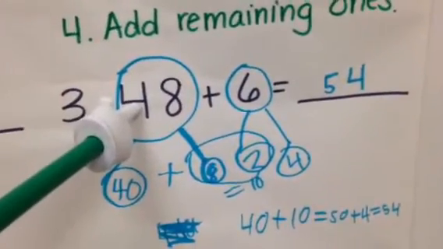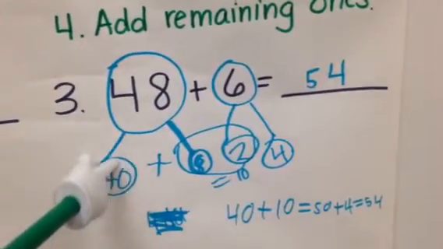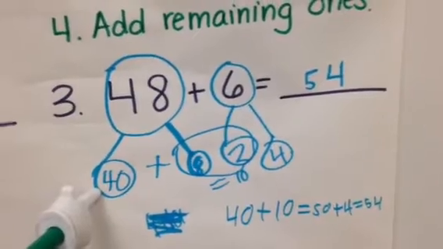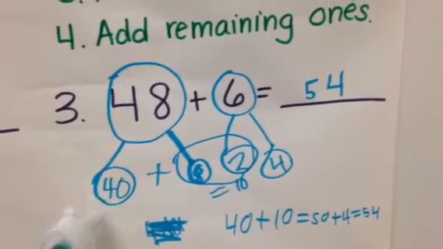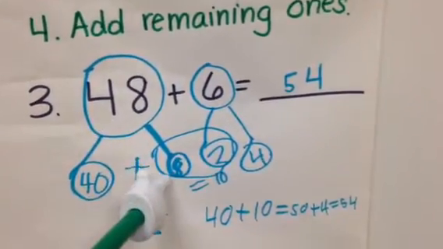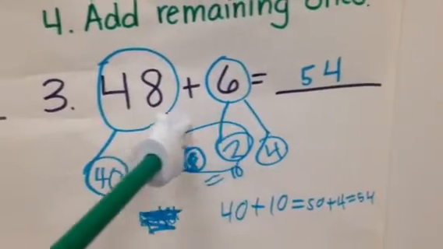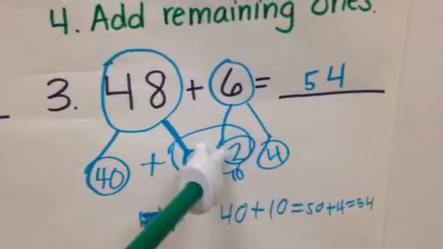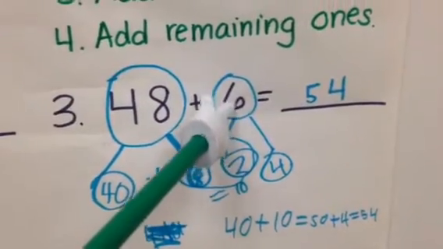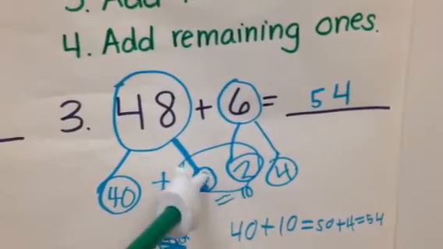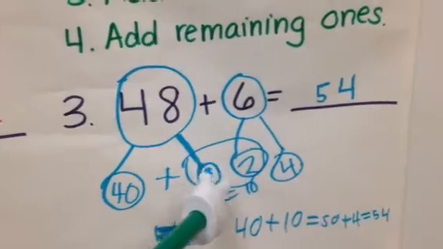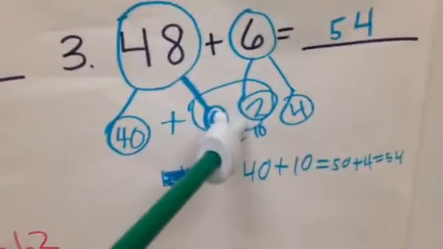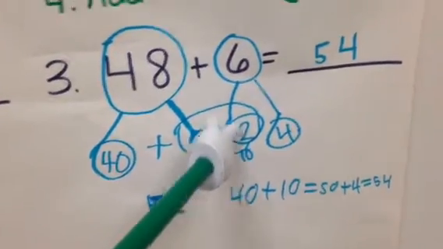Take the 10s out of the 48, 40. Take the 1s out of the 48, 8. We know that these two numbers must equal 10. Where do we get this number from? We take it from the 6. So we need to bump it up to 10.